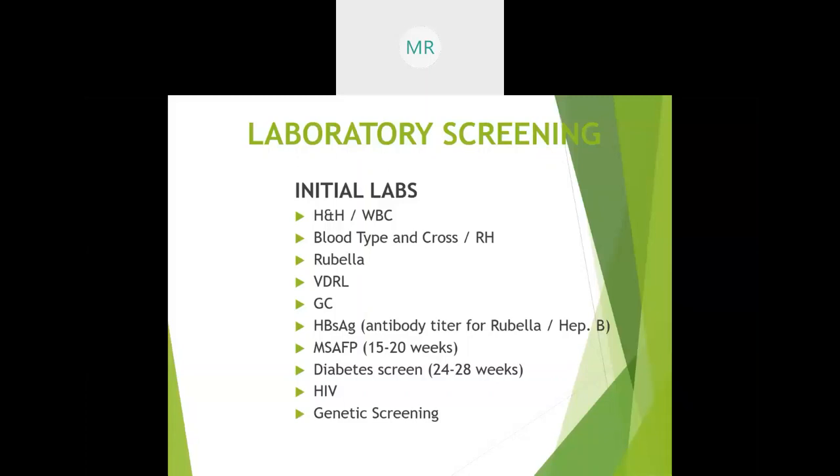You will learn about that in pediatrics next semester in Block 4, but we do all this testing before the newborn is born, okay?